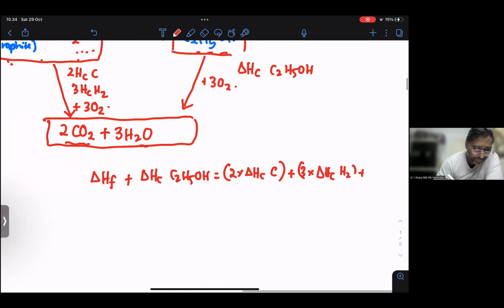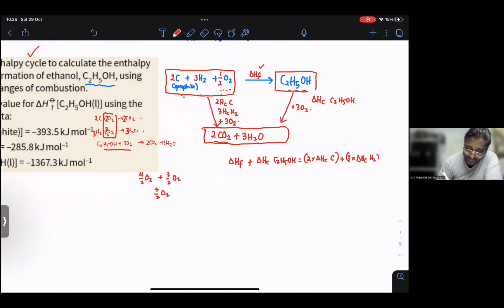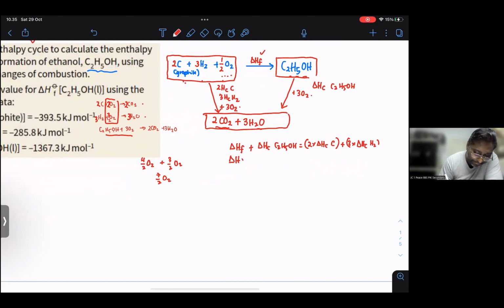The 3/2, nothing, so no plus. So you just need to put in the information, this one we want to calculate.